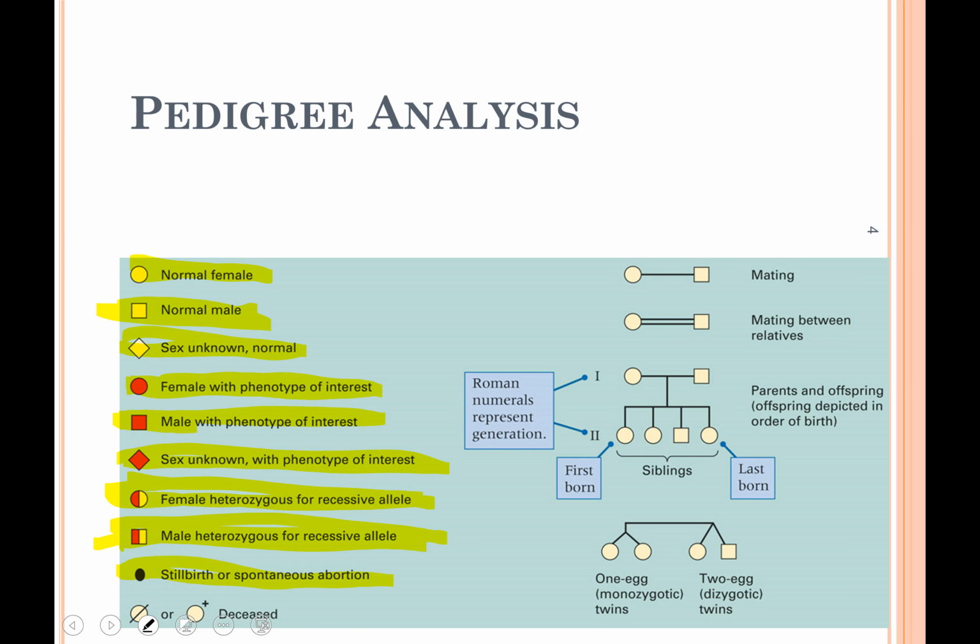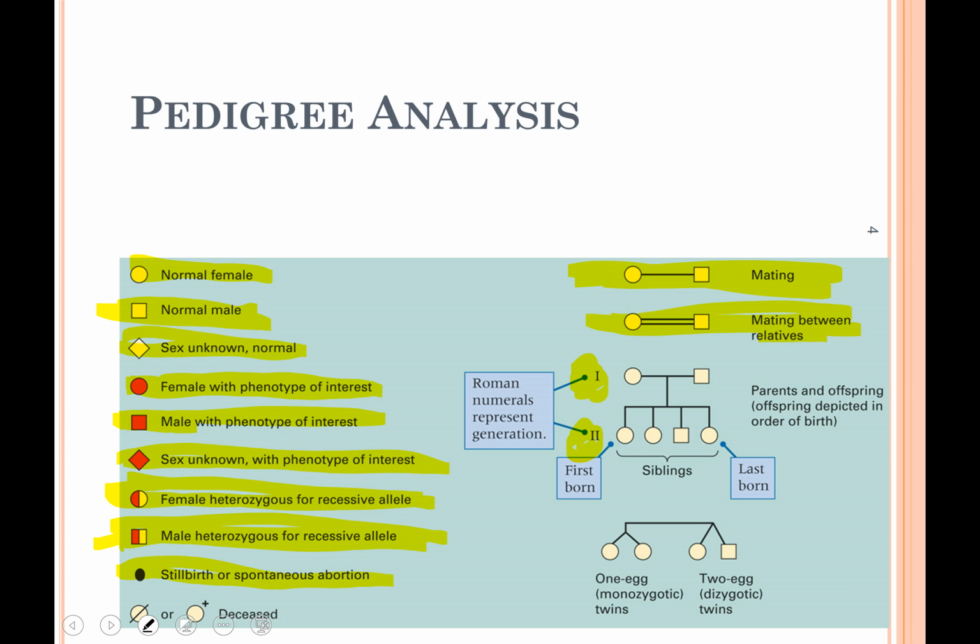Now, when a male and a female mate, we represent that with a straight line across from each other. If there's mating between relatives, or some of you may call this incest, there are two lines. So if a sister and brother mated and had a baby, they would be represented by two lines. The Roman numerals here represent generations: first generation, second generation.